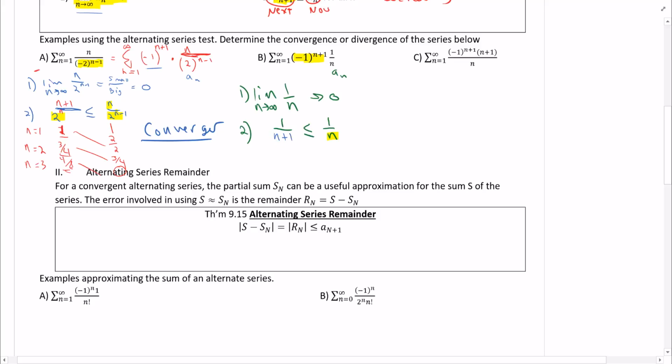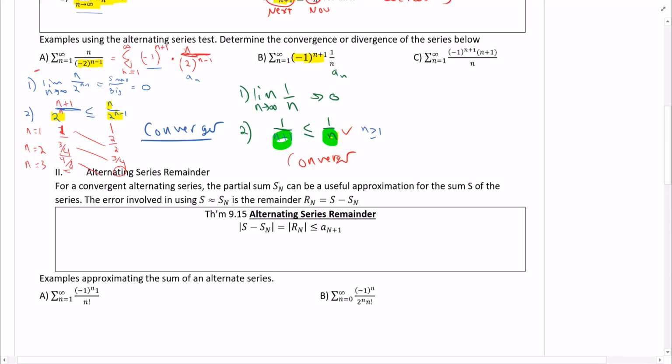So the question is, is 1 over n plus 1 less than 1 over n? Is it always less than, for n greater than or equal to 1? Just imagine I do 1 divided by a number plus 1. Is that always smaller than 1 divided by that number? The answer is yes. This piece will always be bigger than that piece because you're adding 1 to this and then dividing by that. So yes, this will be true, so we can say that it converges.